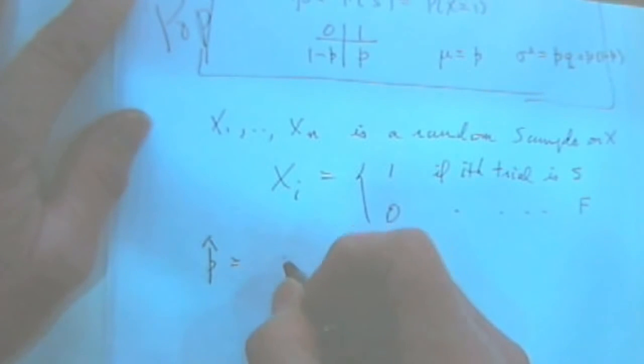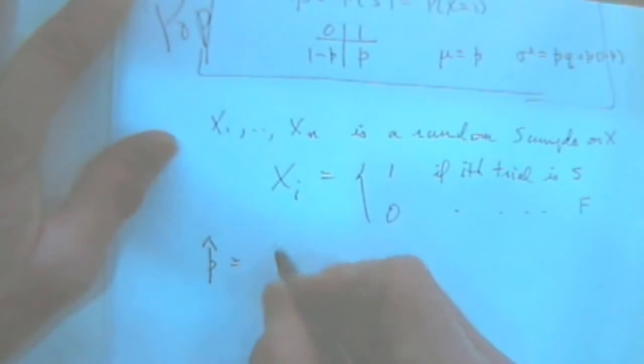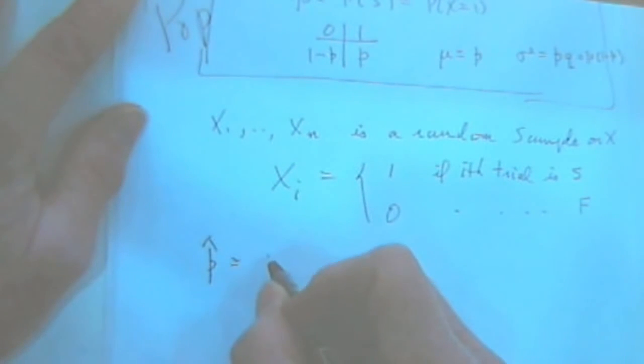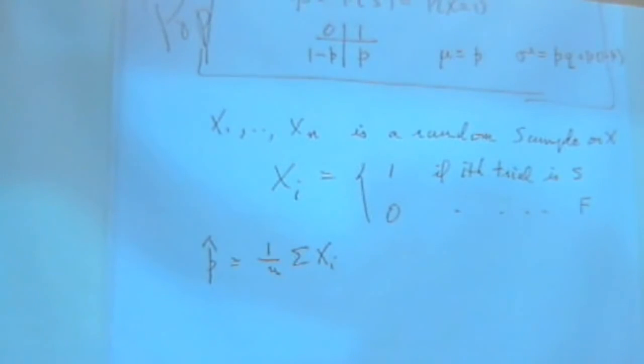P hat is the number of successes in n trials, but it's just a sample average of the answers, right? Here, I'll give you a sample.